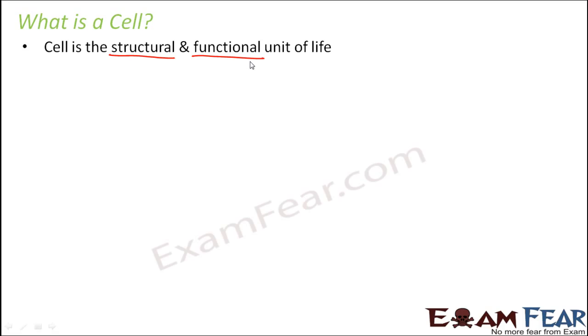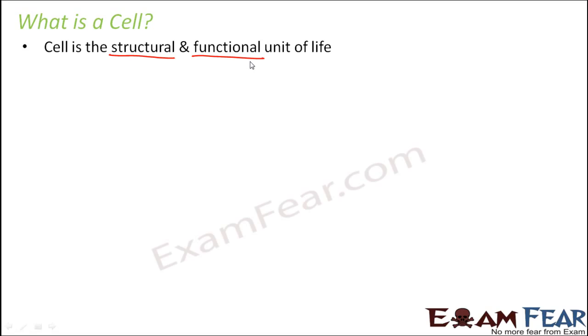When I say functional unit, I mean all the functions that are done by a living organism. For example, inside a human body, so many activities take place: digestion, excretion, respiration, circulation. So many processes happen inside our body.